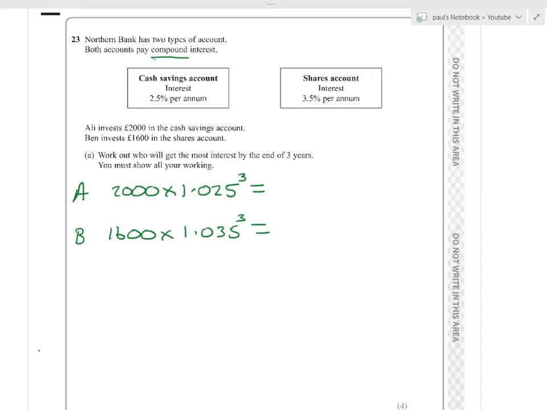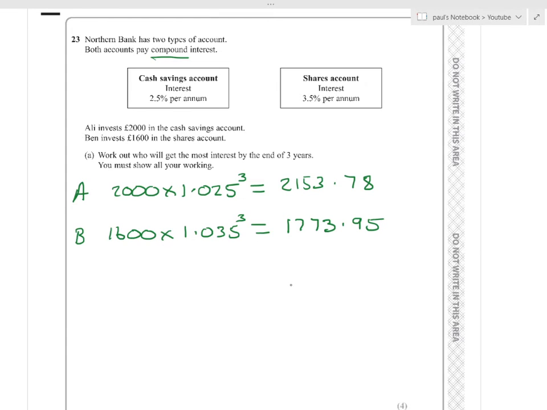So let's try that. 2,000 times 1.025 cubed is 2153.78. And 1,600 times 1.035 cubed is 1,773.95.